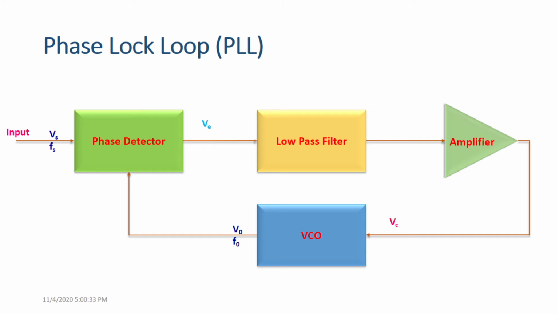We are supposed to define one more thing. If the fs value is very far away from f0, as we know, the error signal is generated with two frequency components, fs plus f0 and fs minus f0.